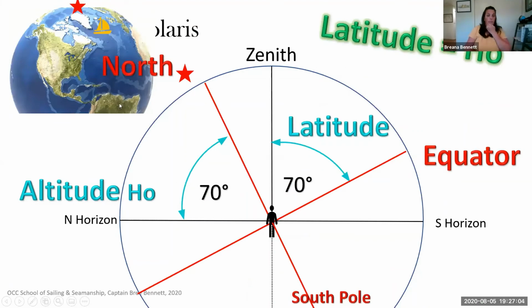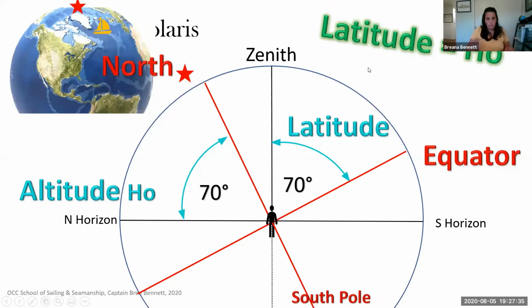If we are up in the northern latitudes, that North Star is going to be high on our zenith and horizon, and that will make our latitude high because of this 90, 180 relationship. Does that make sense? Are you with me so far?